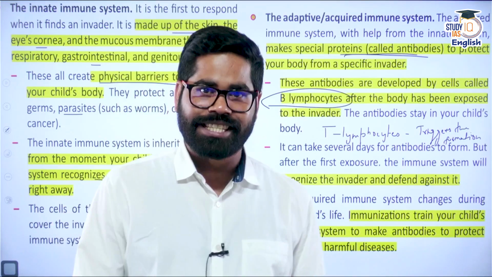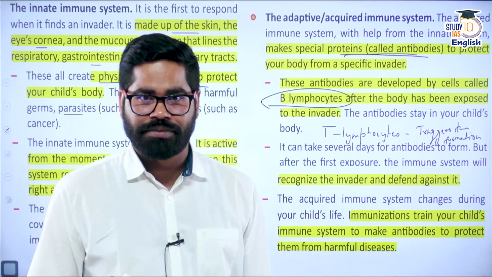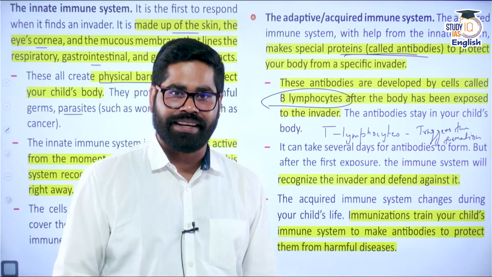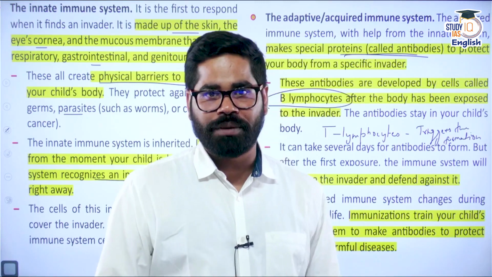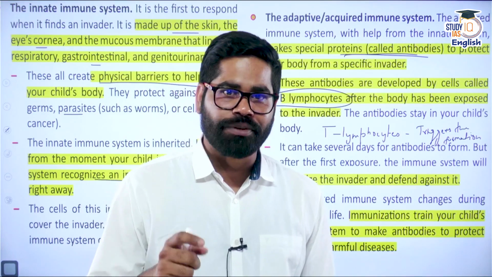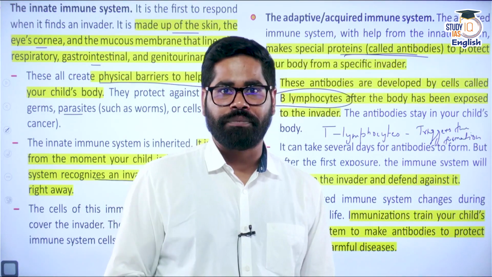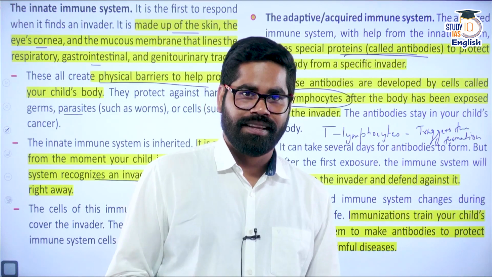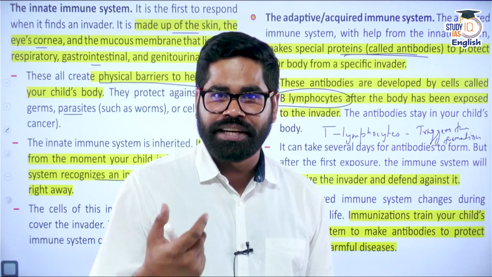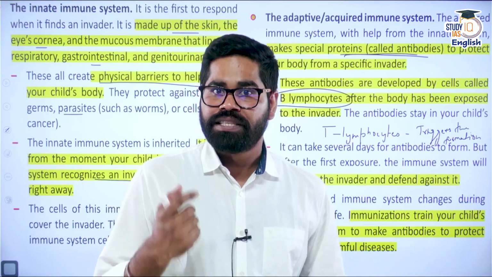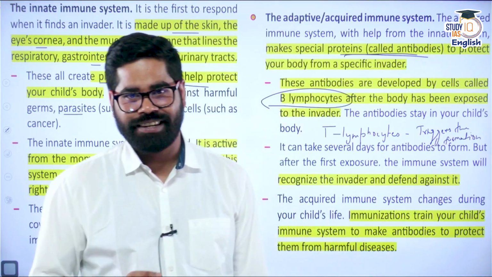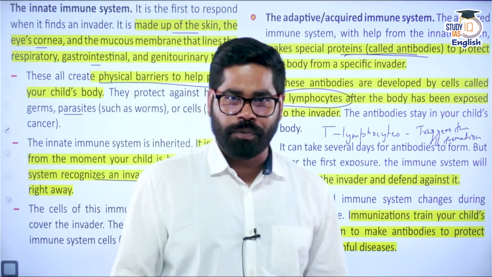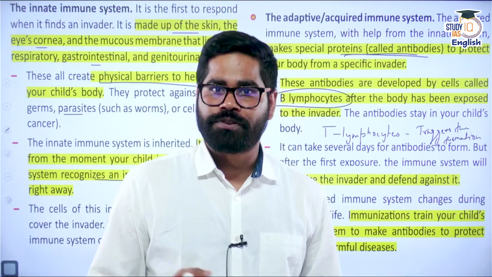But the next time, if the same foreign invader, the same foreign microbe, enters the body, the memory system of the immune organs comes into play. They will recognize this invader and generate the immune response at a very fast rate. So after the first exposure, the rate is going to be very fast.